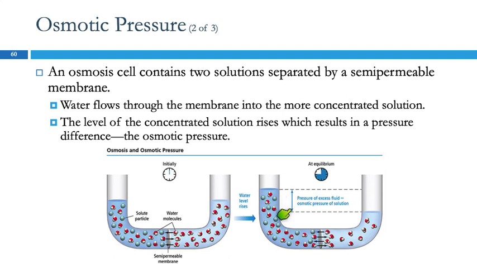So the difference in heights here, now this is water, and so it's measured in like millimeters of water or something instead of mercury. So it's a very small pressure, but this pressure is known as the osmotic pressure. This is the amount of pressure that you would have to apply to this side to prevent osmosis from happening.